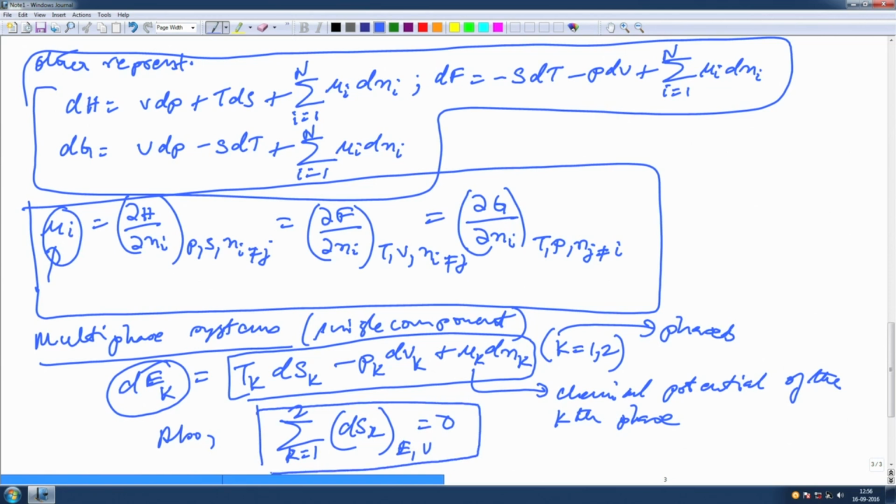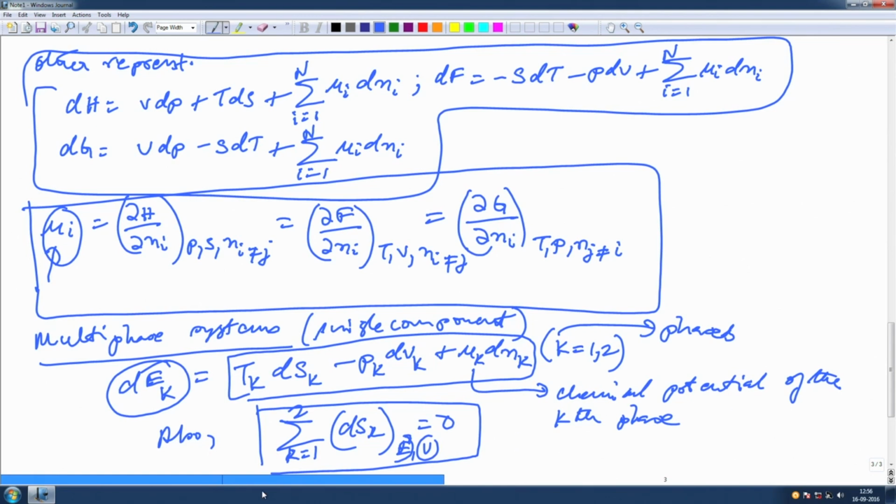Since E and V are constant, the change in internal energy of the two phases must also be equal to 0.